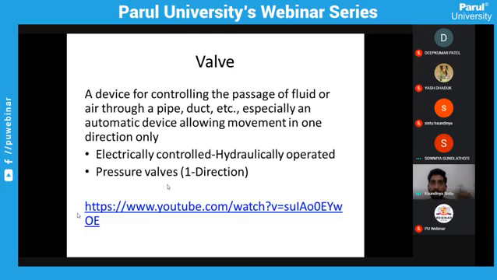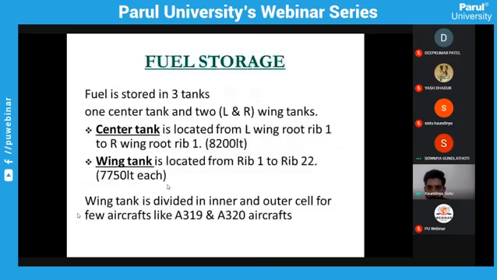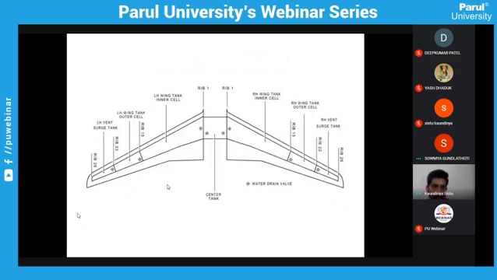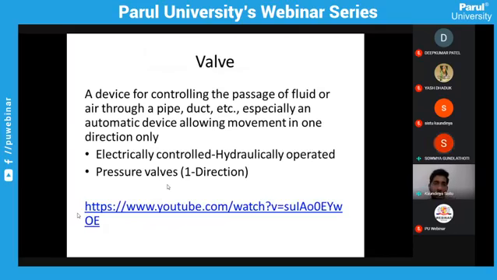There is also the water drain valve, which is a different valve, the fuel drain valve, and the fuel dump valve. In a pressurized valve, after a certain pressure, the door moves in one direction and the fuel flows, as the pressure opposes the spring force.